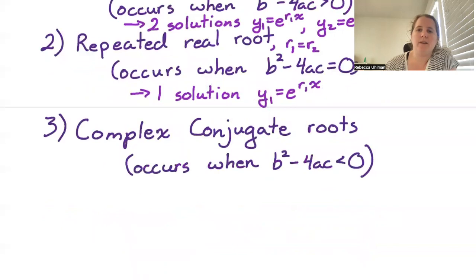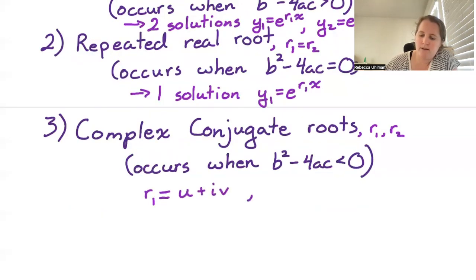If we have complex conjugate roots, R1 and R2, we would say R1 is u plus iv, and R2 is u minus iv.